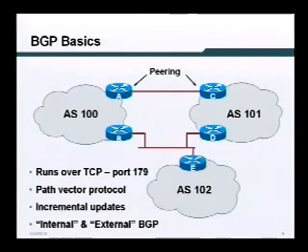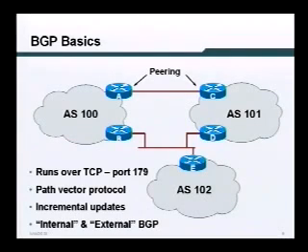It's a path vector protocol. We'll talk about that. It relies on incremental updates. Why that? Well, in a nutshell, the current internet routing table is about 138,000 prefixes today. Trying to send all that information as one big update would probably take several minutes, depending on your hardware and your network bandwidth.